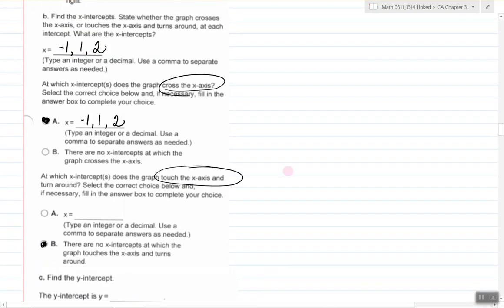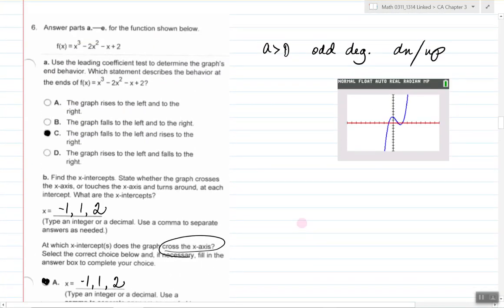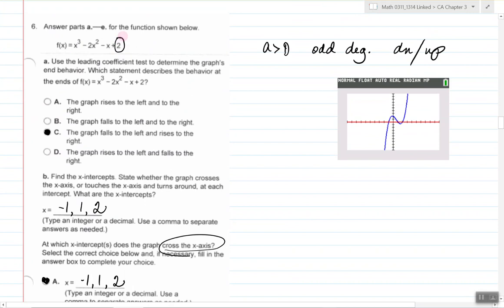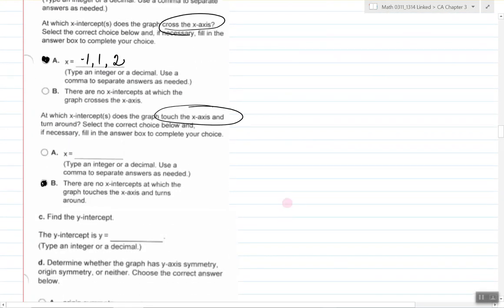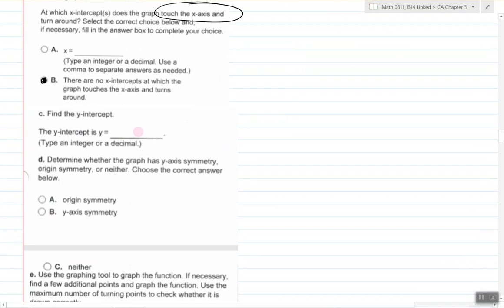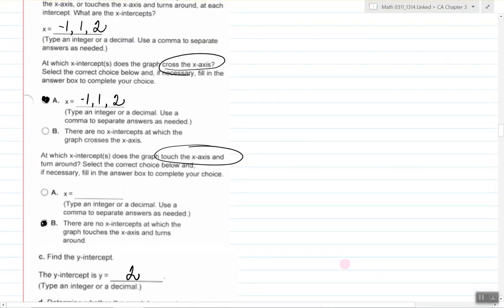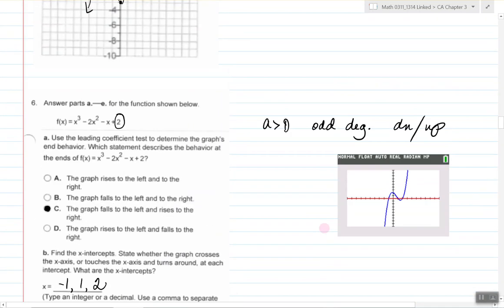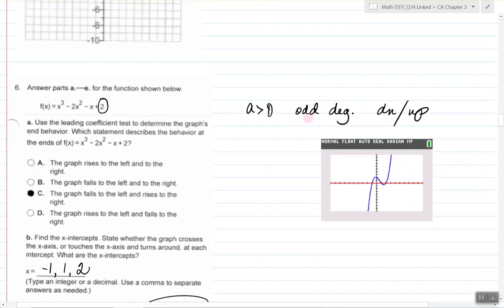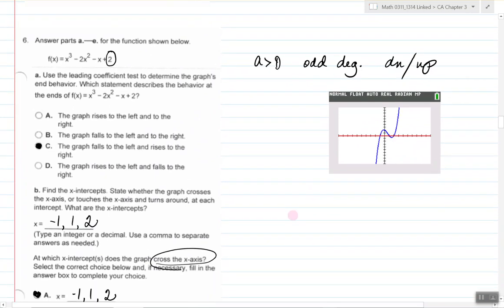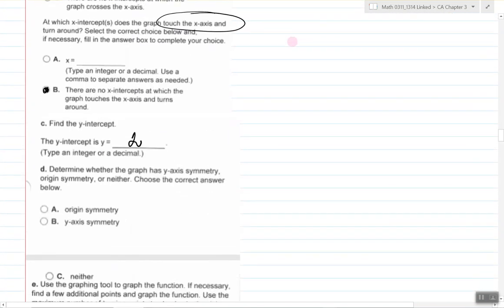The y-intercept, when this is in that nice general form, the y-intercept is the constant, although you can do second table. So the y-intercept is 2. And taking a look at that again, there does not appear to be any symmetry.